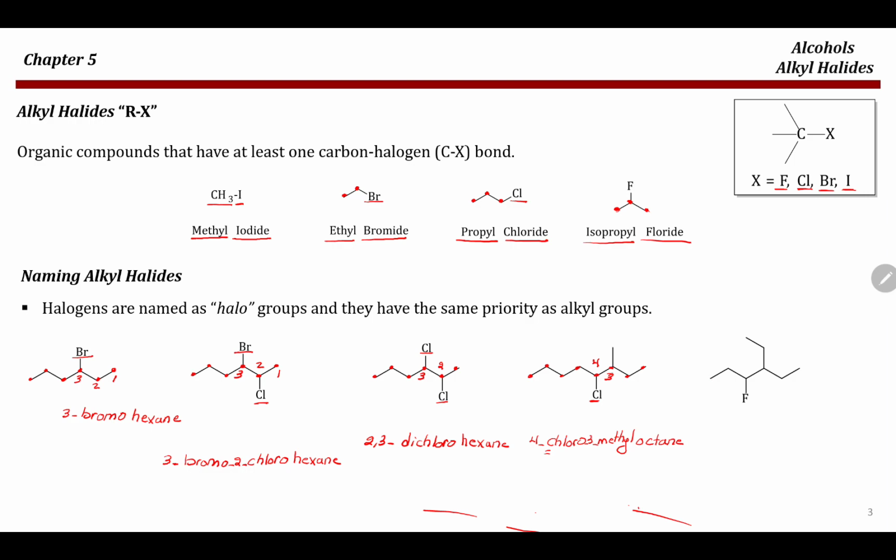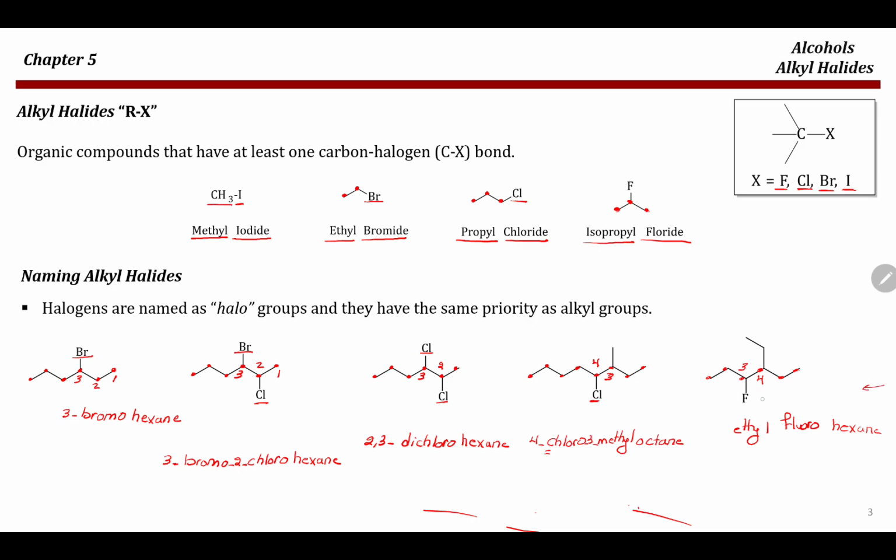Finally, in this case here, 1, 2, 3, 4, 5, 6. So this is hexane, and the branches are ethyl and fluoro. Now, counting from the left side will give fluorine position 3 and the ethyl position 4.